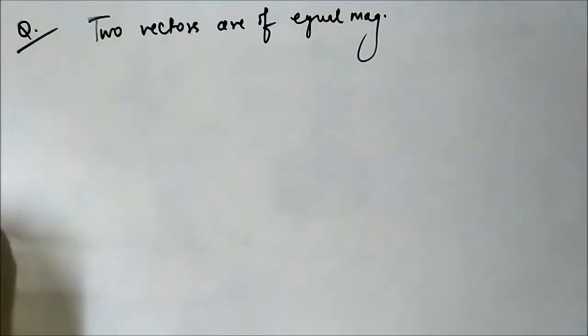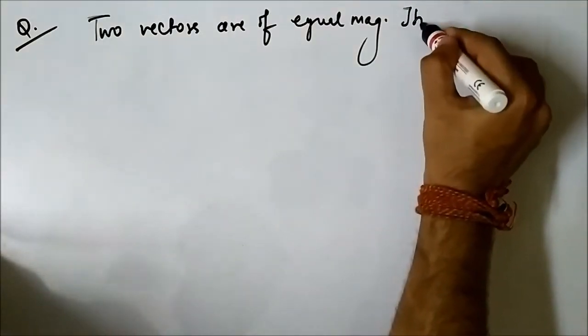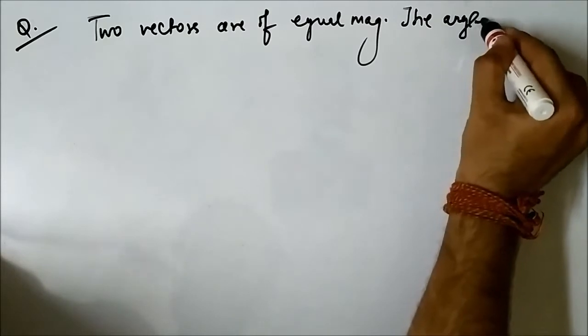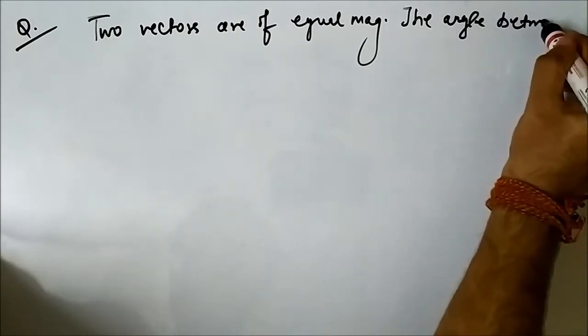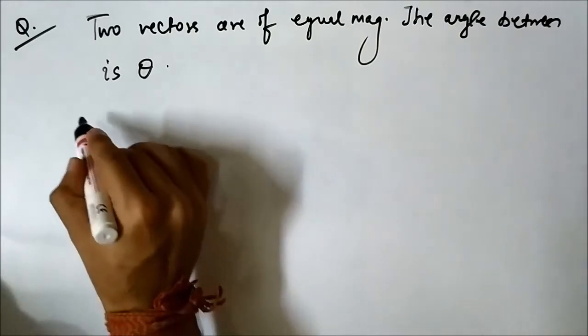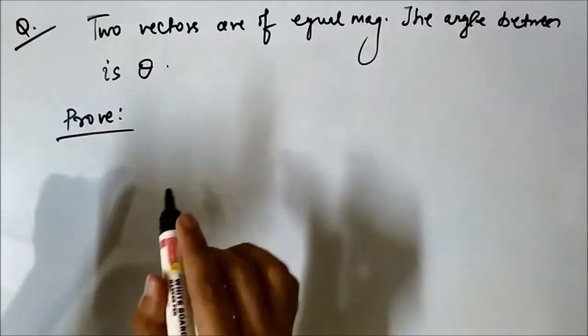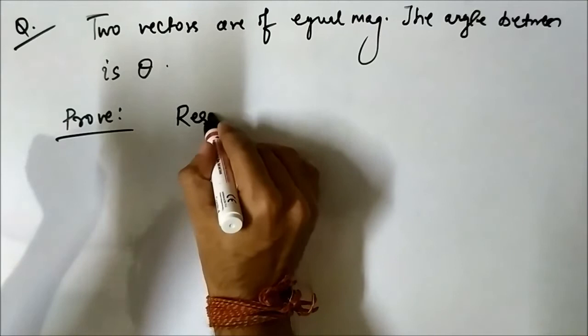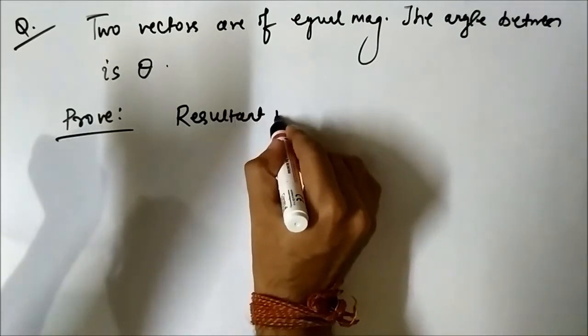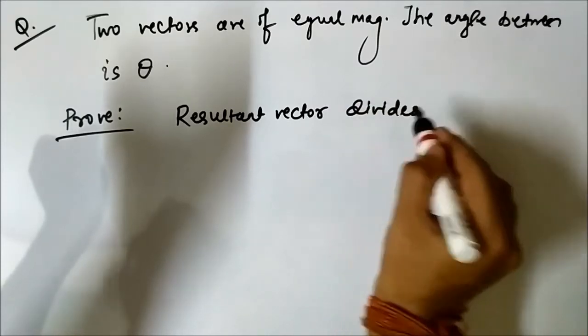The angle between the two vectors is theta. We have to prove that the resultant vector divides theta equally.